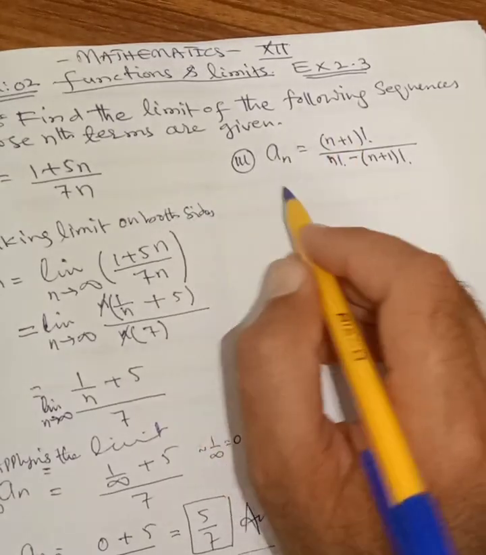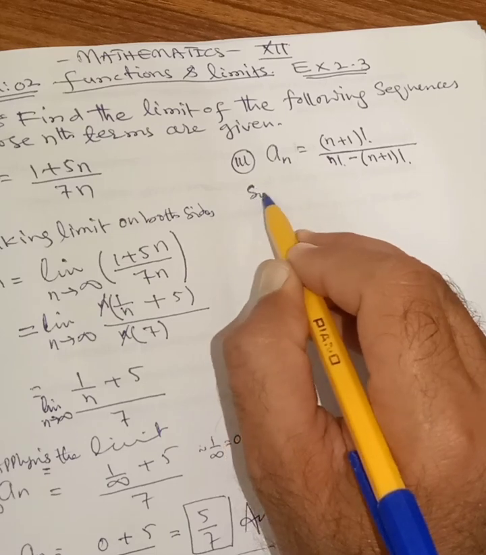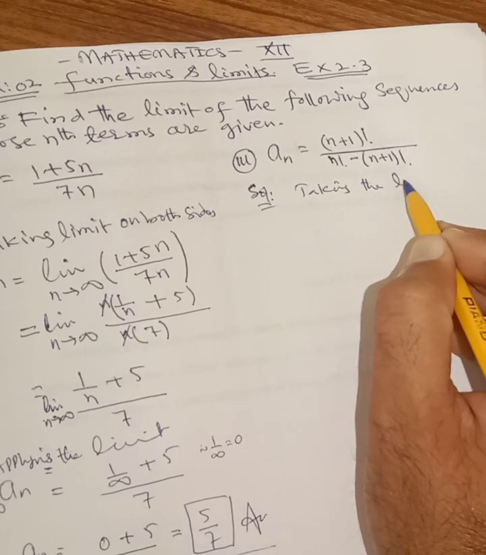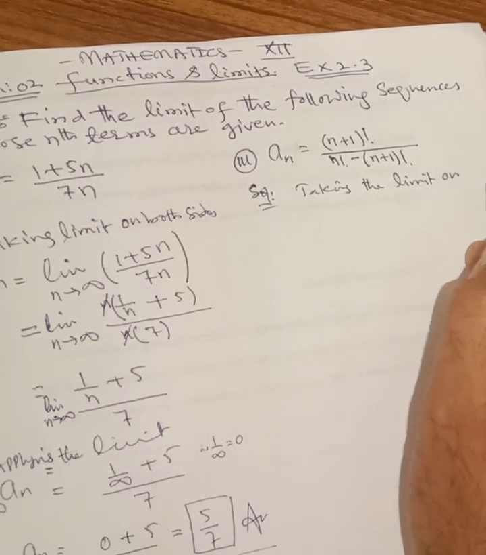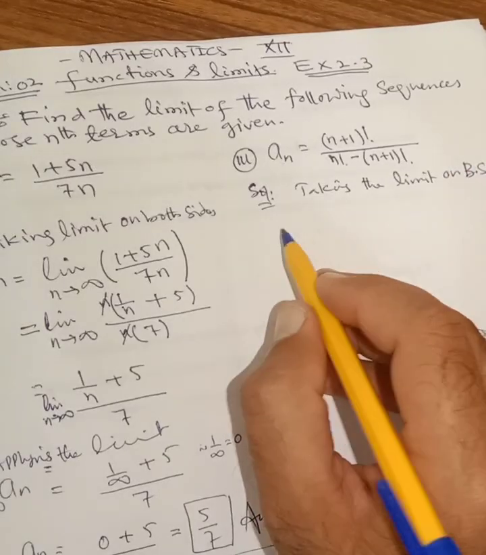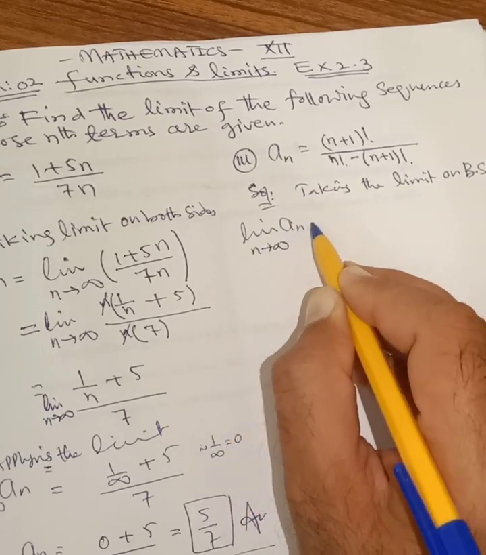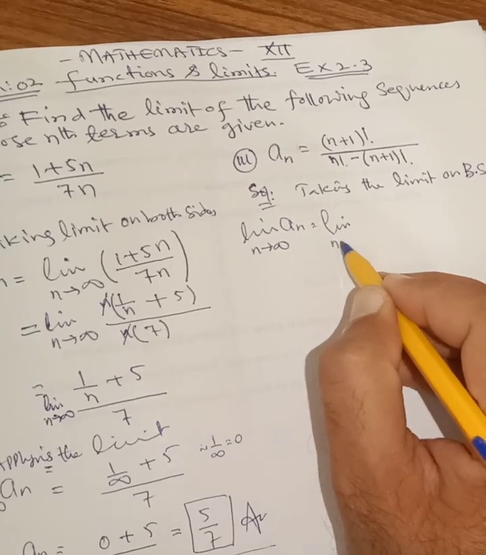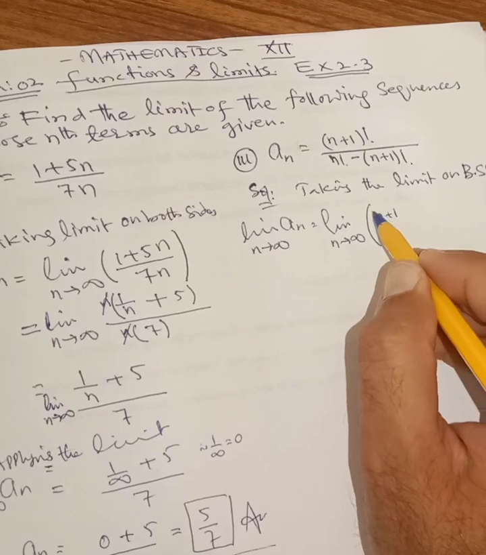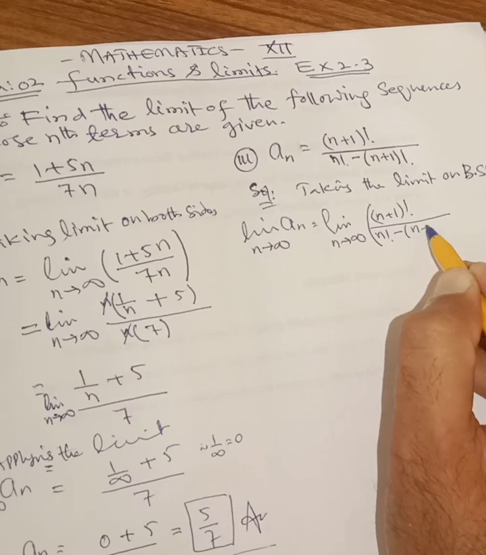So how can we simplify this? We take the limit on both sides. So limit n tends to infinity of an is equal to limit n tends to infinity of (n plus 1) factorial over n factorial minus (n plus 1) factorial.